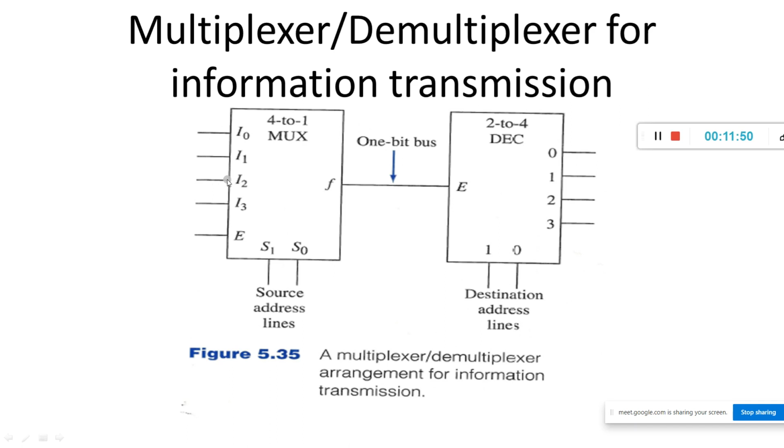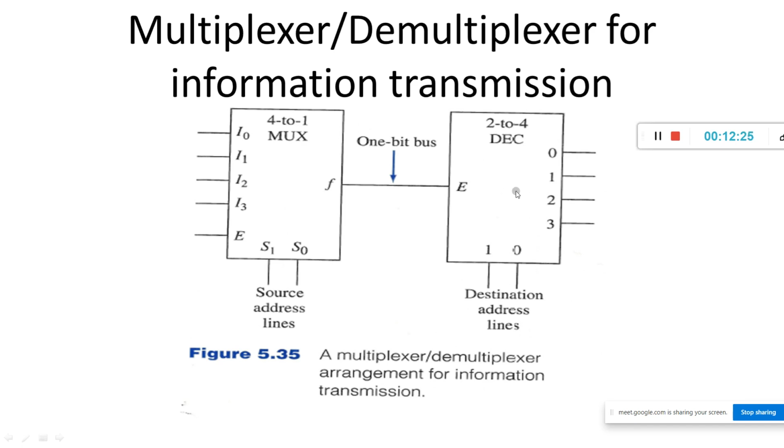So one bit of information is picked up from any of the four sources depending on the select lines, according to the source address lines. Then this information is placed on a wire. This wire is known as a bus, a one bit bus. One bit bus means it can contain either 0 or 1. That connects to a demultiplexer.